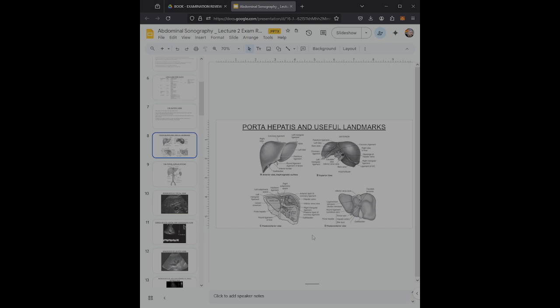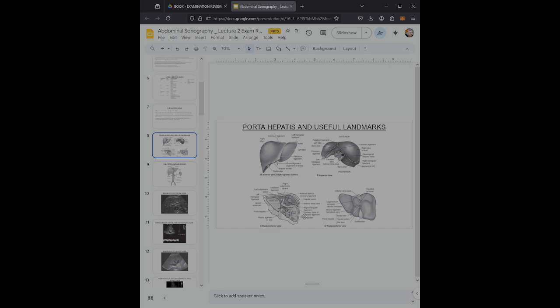The right branch of the umbilical vein is referred to as the ductus venosus in utero, and it shunts blood directly into the fetal inferior vena cava, and its afterbirth remnant is known as the ligamentum venosum.